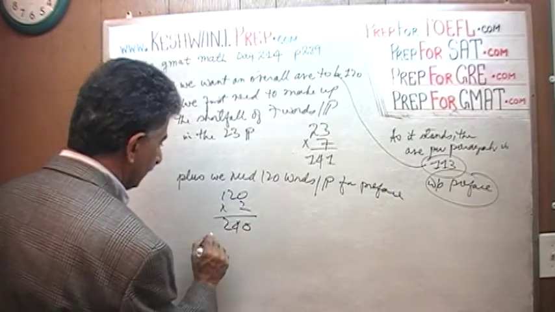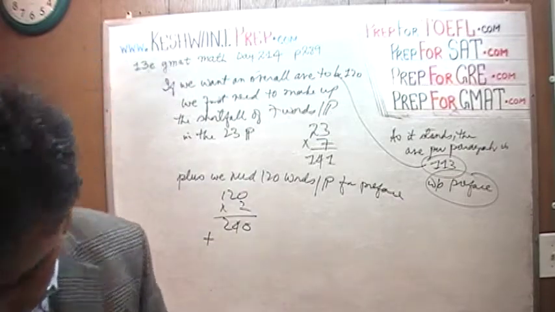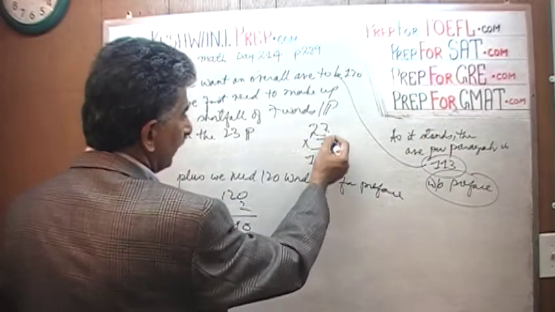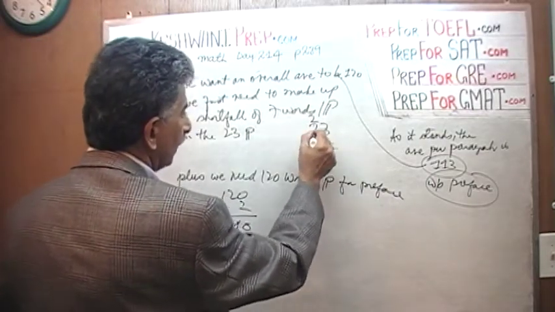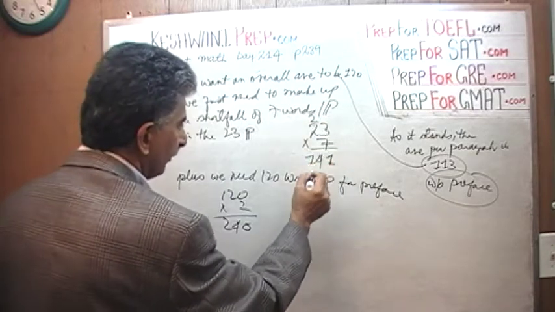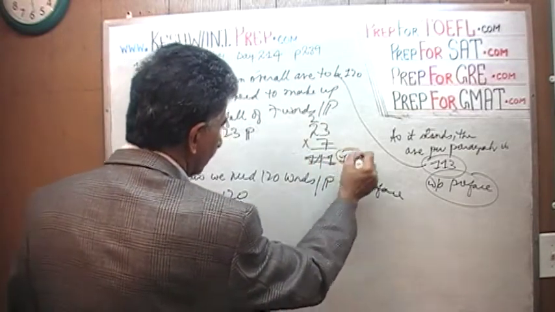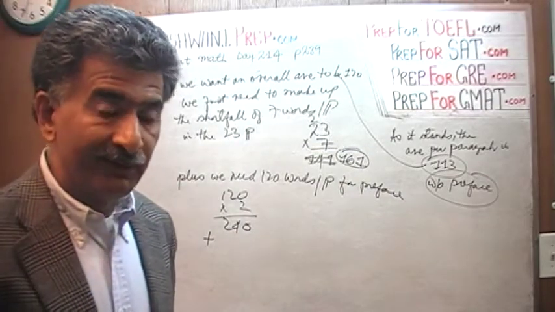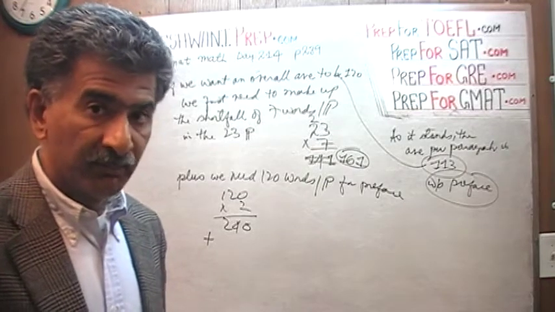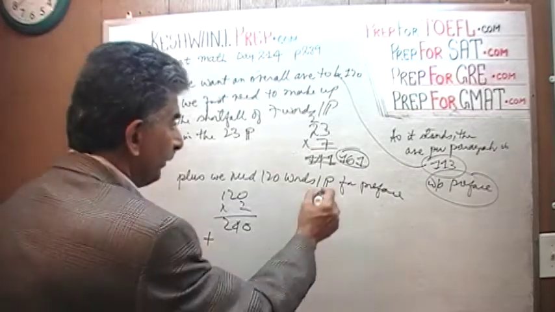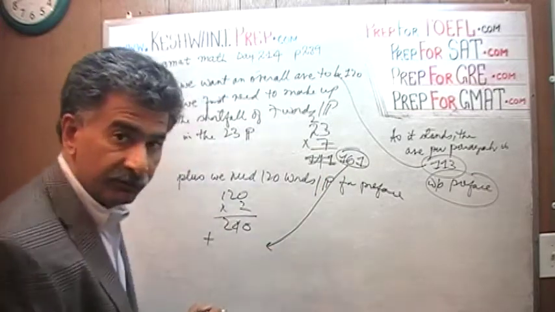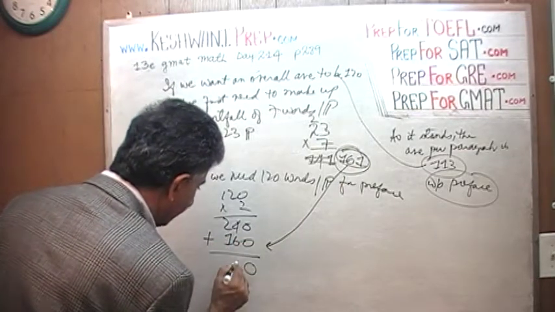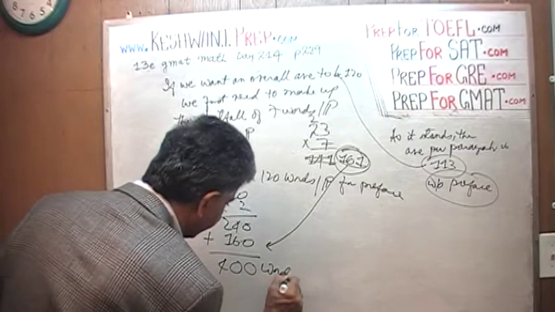Did I make a mistake here? 3 times 7 is 21, 1 carry 2, 2 times 7 is 14 plus 2 is 16. This should have been 161. So 240 words for the 2 paragraphs in the preface if they simply had 120 words per paragraph by themselves. But in addition to that, those 2 paragraphs in the preface have to make up for the shortfall of 161 words, giving us a grand total of about 400 words.